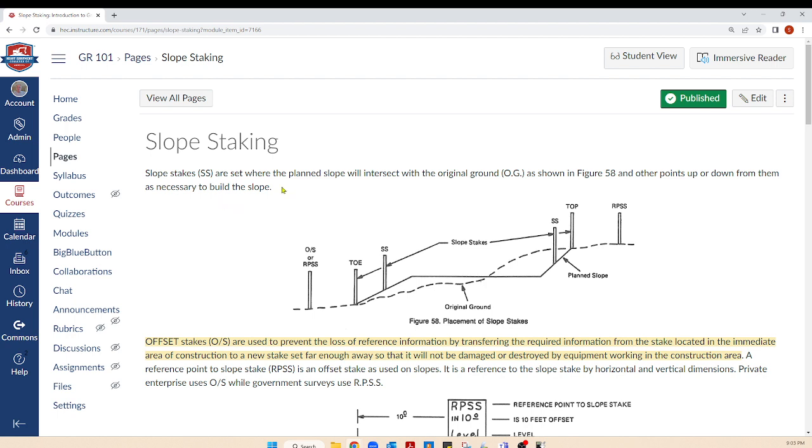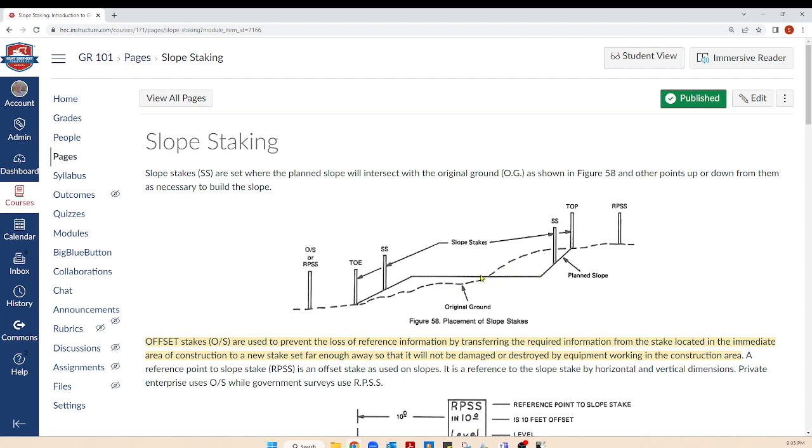So I'm going to do a little reading here. Slope stakes are set where the planned slope will intersect with the original ground. This is a slope. This going up, it intersects with the ground here. So all this dirt here will have to be taken out.